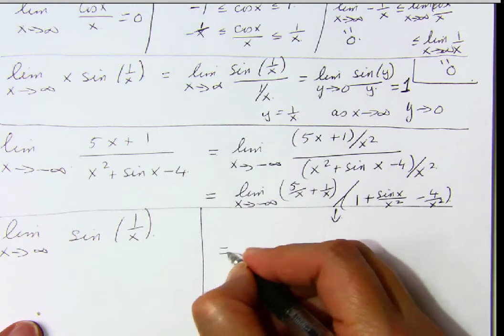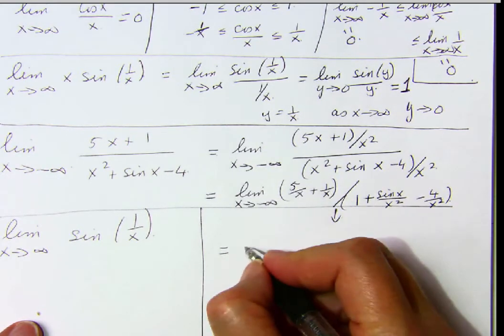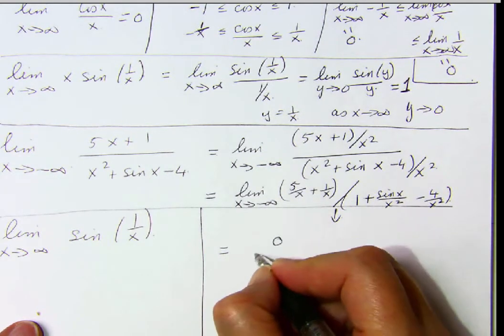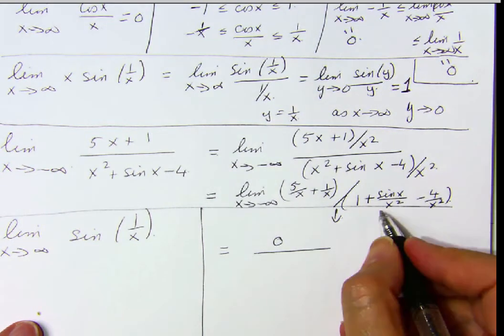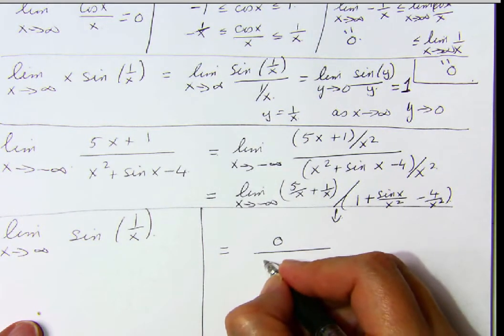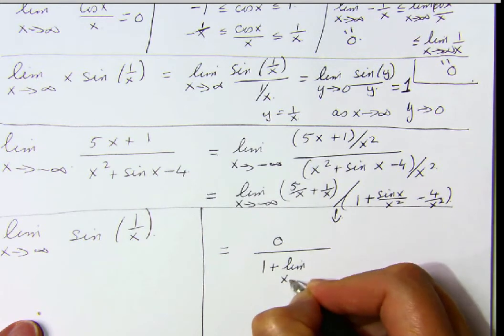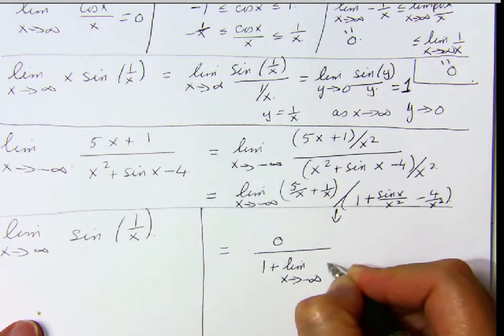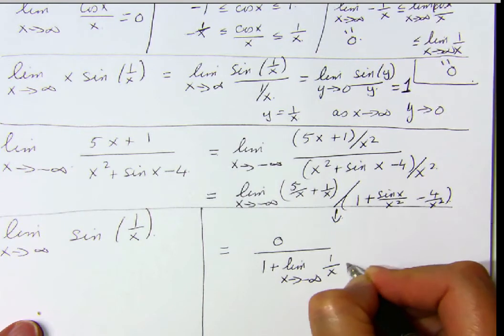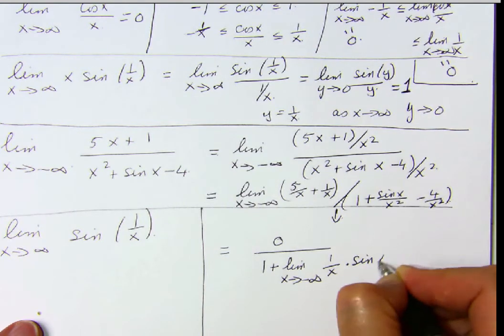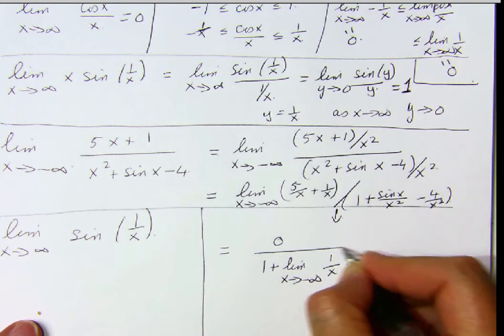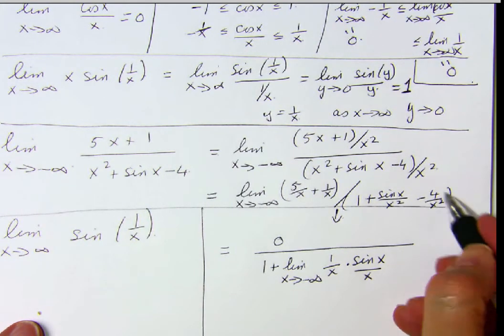Now this is equal to, well, the numerator is going to 0, and the denominator is going to 1 plus the limit as x approaches negative infinity of 1 over x times sine of x over x, and this is going to 0.